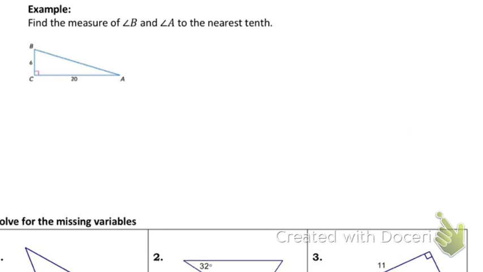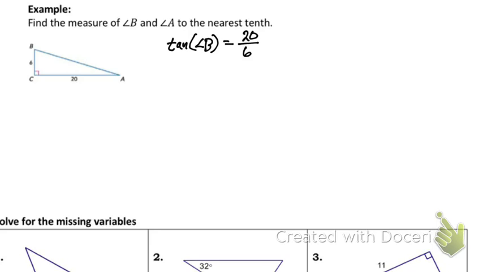That means we have kind of two ways to look at it. It says find the measure of B and A to the nearest tenth. If I'm looking at angle B, one way to do our inverses is to look at our tangent. Tangent of angle B equals opposite over adjacent, which is 20 over 6.